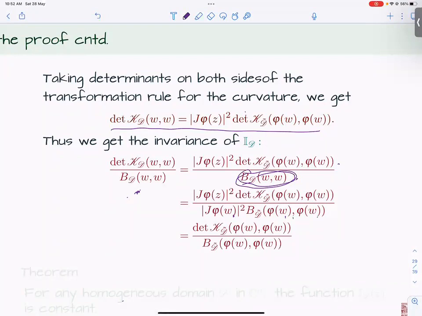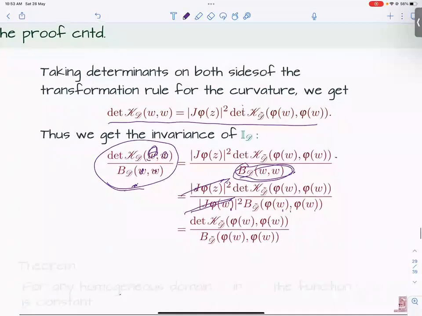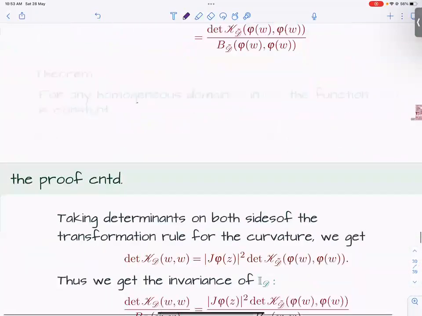But the main point is this determinant and this determinant cancel out, leaving you the determinant of the curvature at (p(w), p(w)) divided by the kernel at (p(w), p(w)). That means that when you look at a quantity like this and replace the w by p(w), here and here, nothing changes. You get the same answer. That's exactly what an invariant is all about.